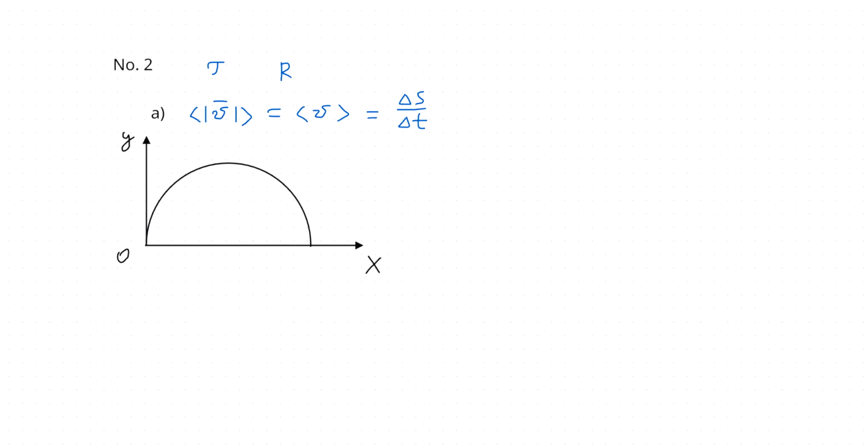So can we find delta S according to this picture, if we have, according to the conditions, that the radius is equal to r?